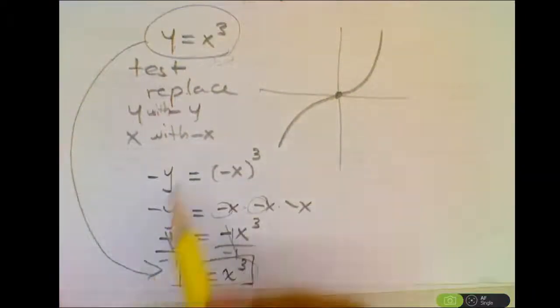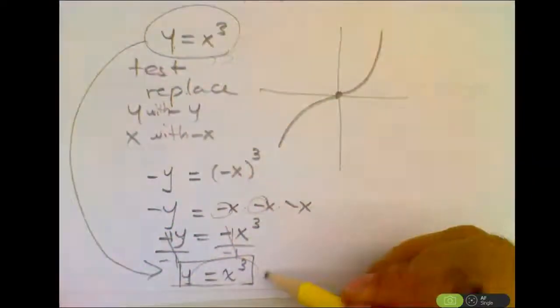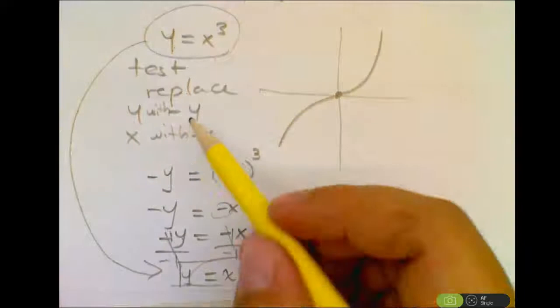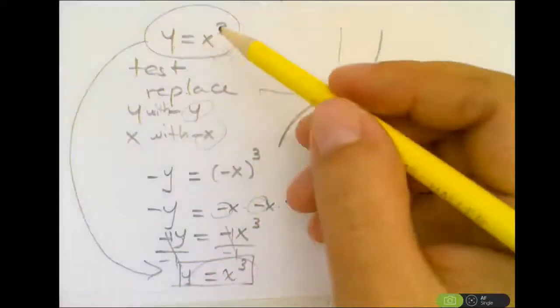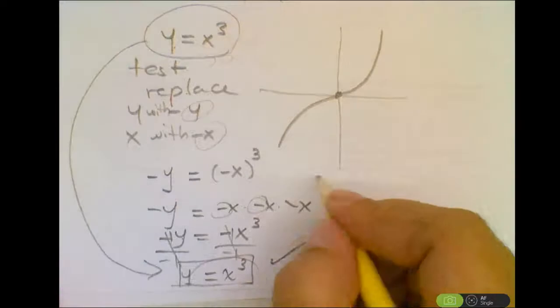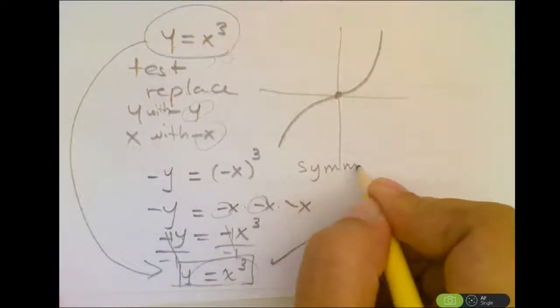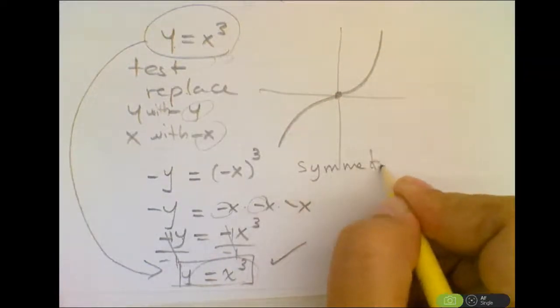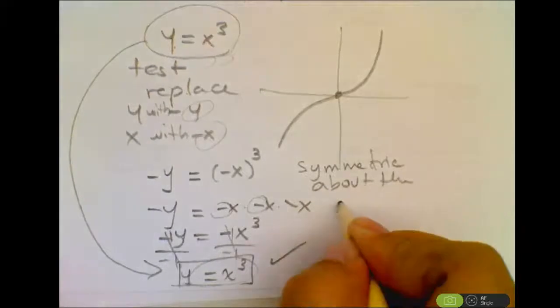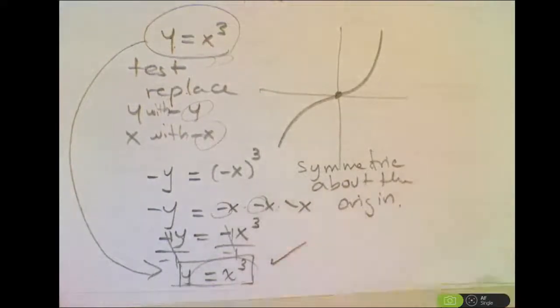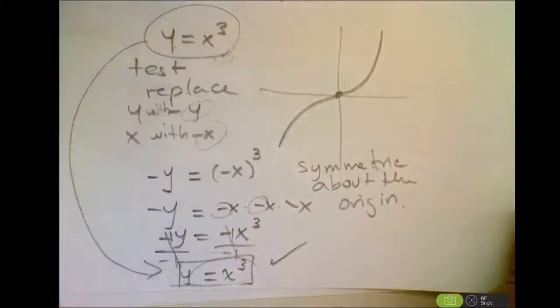Since the equation remains unchanged, since replacing these two at the same time didn't give me a new function, it gave me the same one, then I say this is symmetric with respect to the origin, or about the origin. Okay, if you get something that is different from the original, then that function does not have symmetry with respect to whatever it is you are testing.